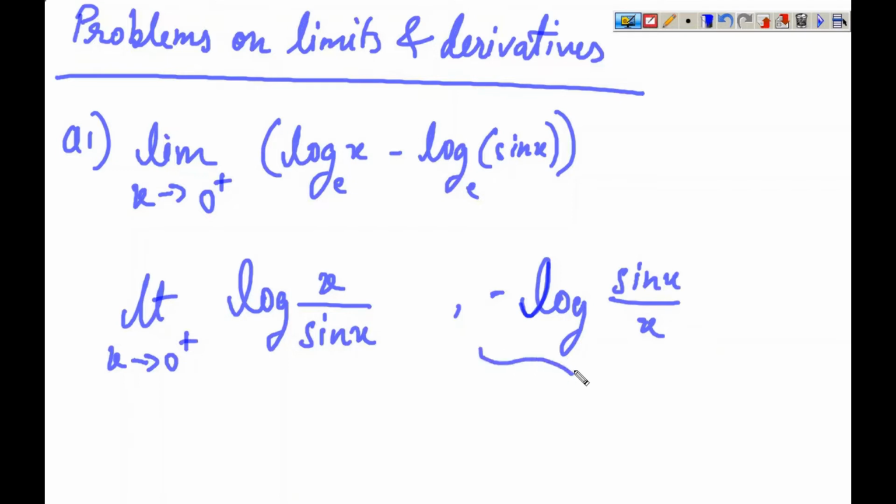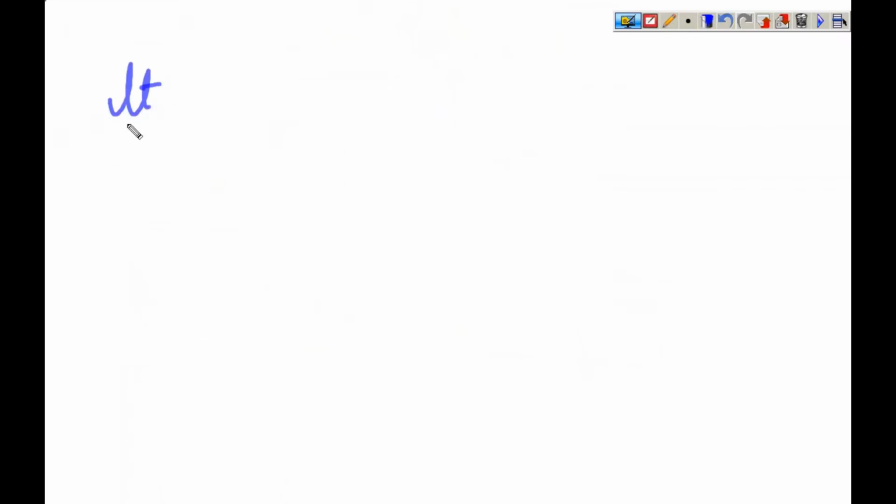Now we know that the limit of sine x by x, when x is approaching 0, is 1.